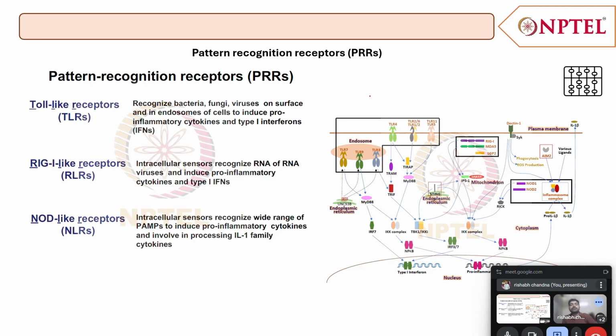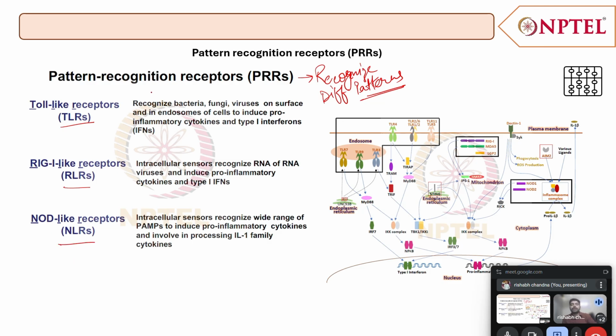That means they recognize different patterns. We have different classes, like toll-like receptors, TLRs, RIG-like receptors, RLRs, or NOD-like receptors, that are NLRs.